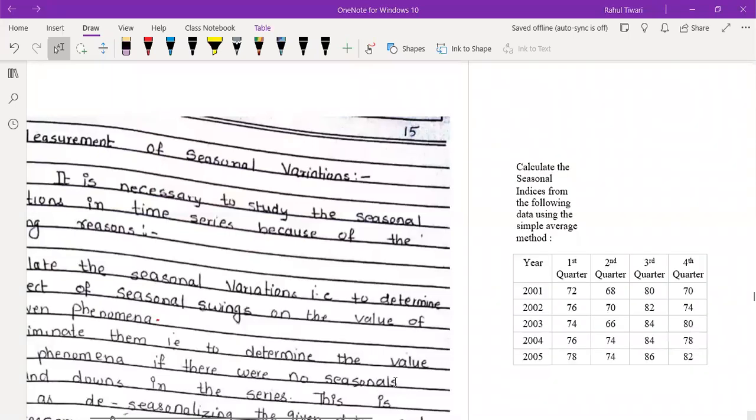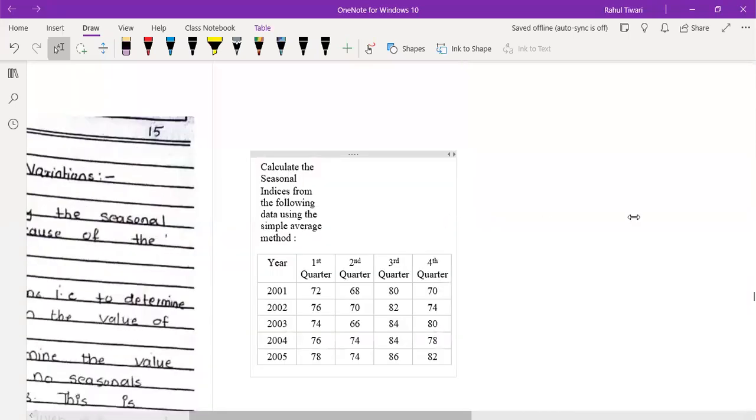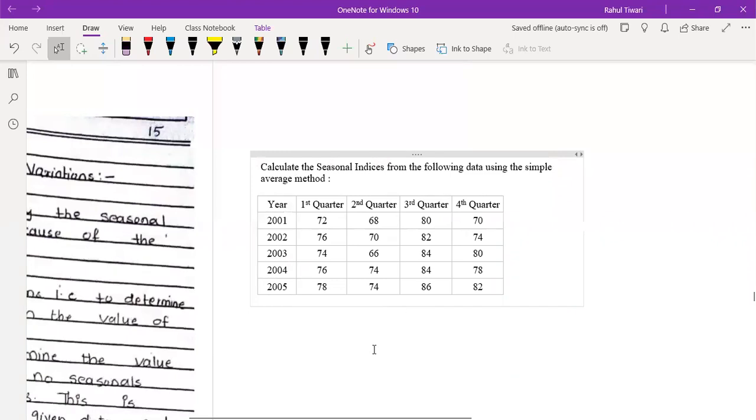This is my actual data. I hope everyone can see the data. Calculate the seasonal indices from the following data using the simple average method. So this is the problem. Let's do the solution.